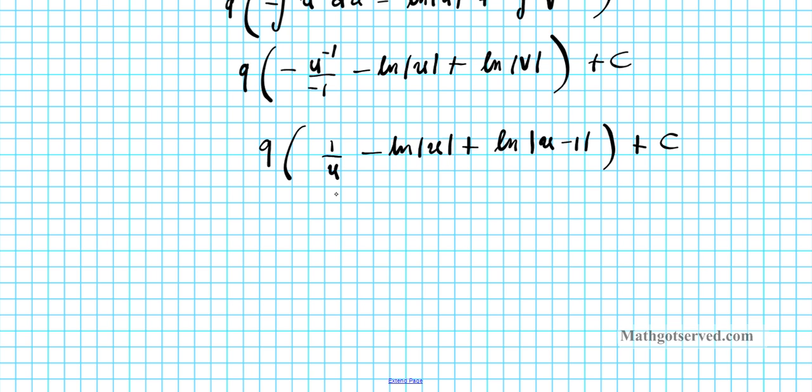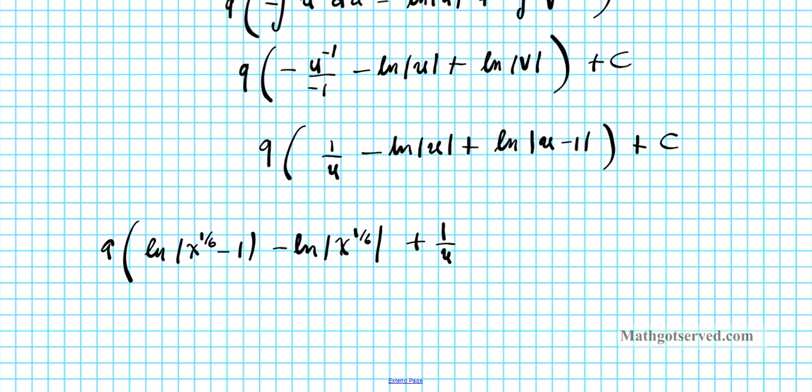So we can rewrite this as 9 times, let me do the natural logarithm first, I'm just reordering terms here, natural logarithm of x to the 1/6 minus 1, that's this last term, minus the natural logarithm of x to the 1/6, plus 1 over u.